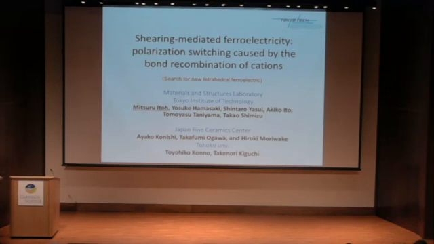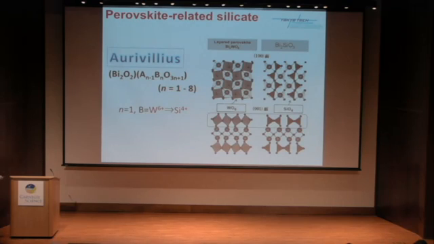When you replace the tungsten by silicon, this material turns into bismuth 2 SiO5, but after the replacement, the framework of the structure is maintained.